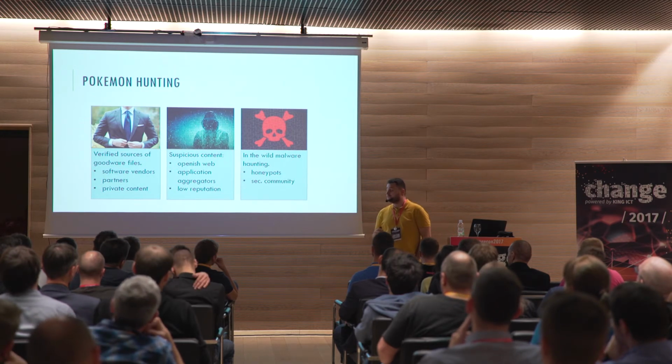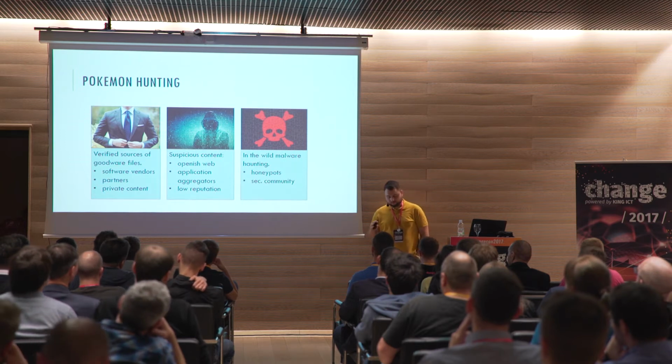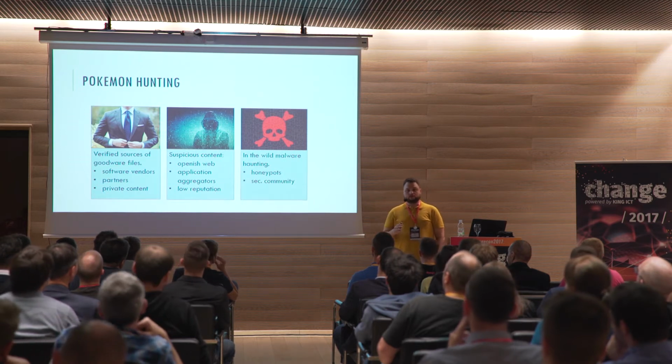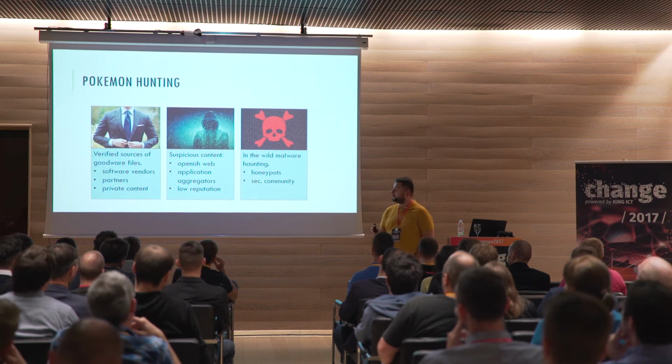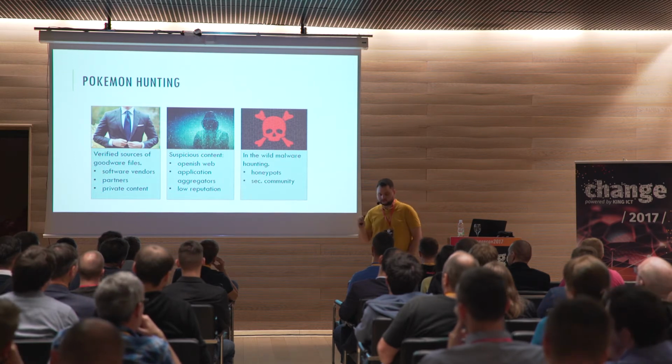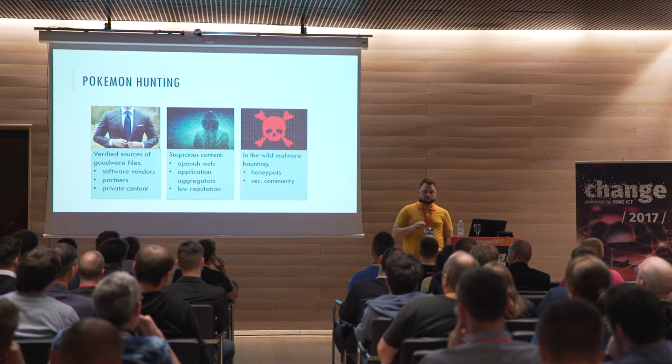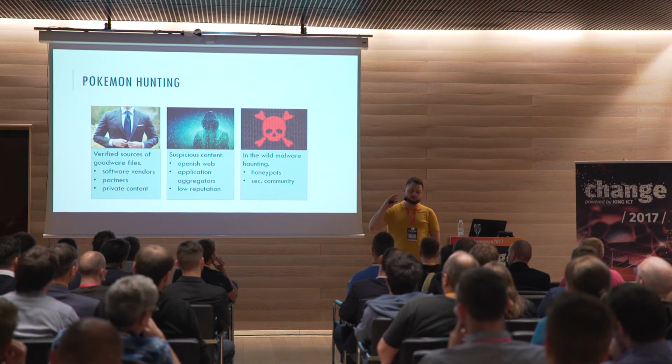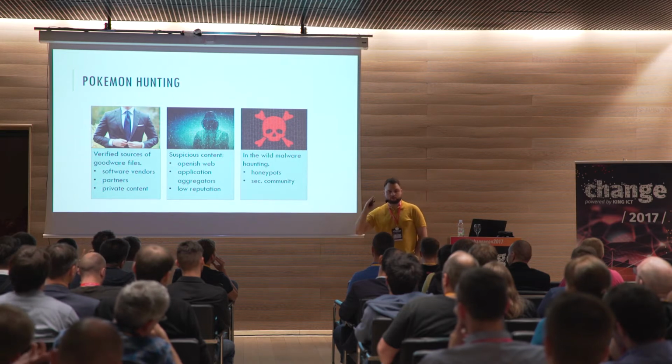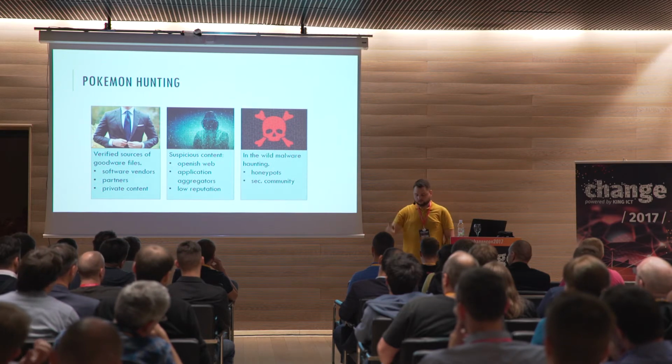Next up, we have the grayware content. This is content on the web that we don't know what it actually is. This is mostly stuff that's been left open on the internet without authentication that we can grab, be it open FTP servers, S3 buckets, blob storages, directory listings, whatever.